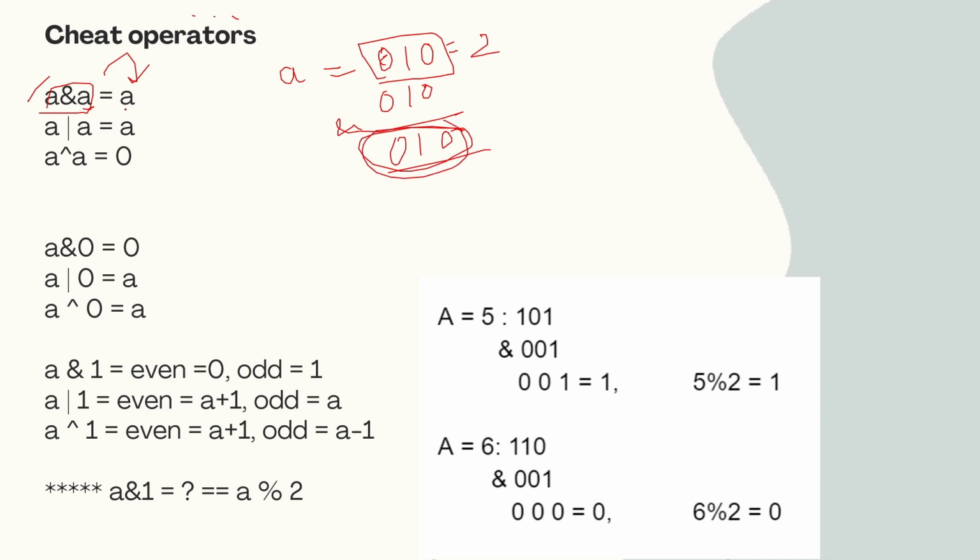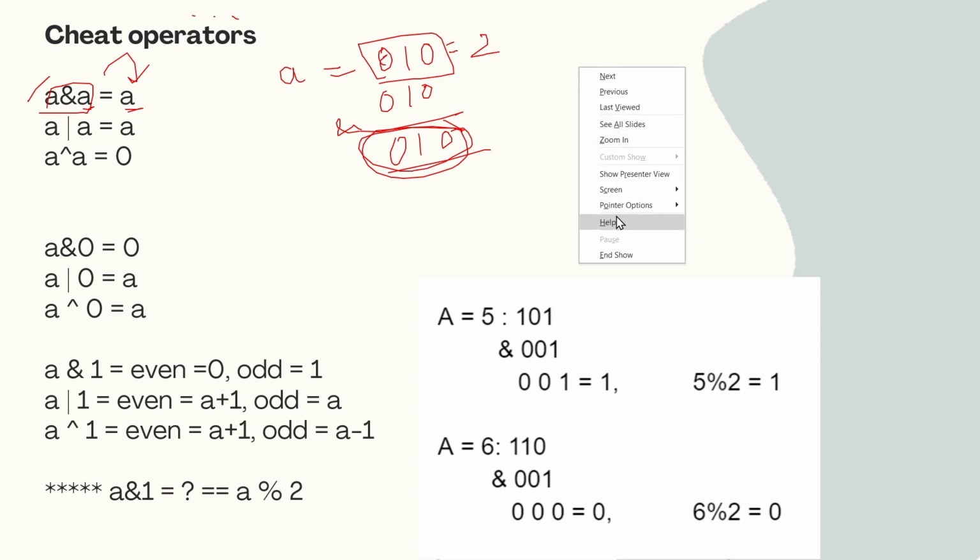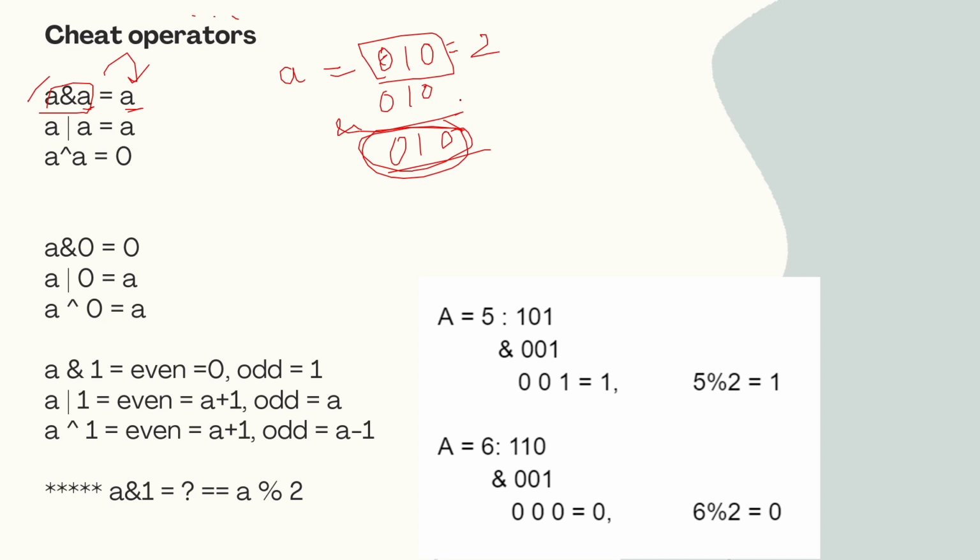So here it is a cheat operator. Whenever you're solving a problem, let's say you're working on loops, and you got something like while 1 and 1. Don't try to solve it like that, taking the representation for 1 and the representation for 1.